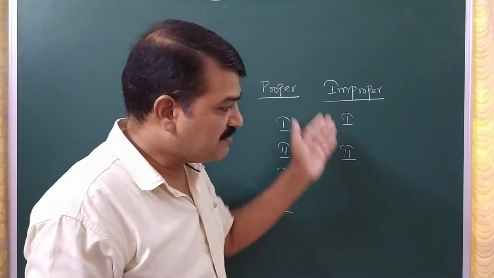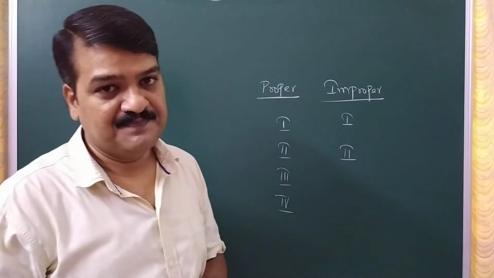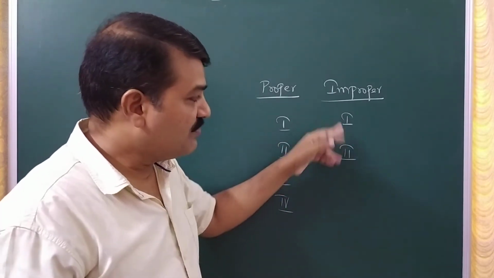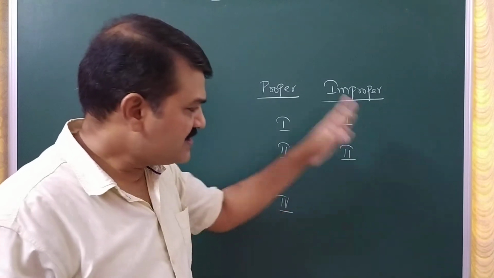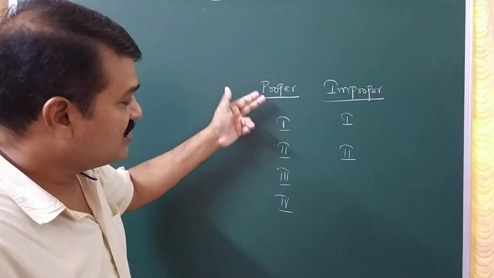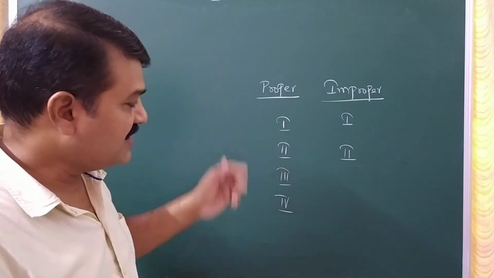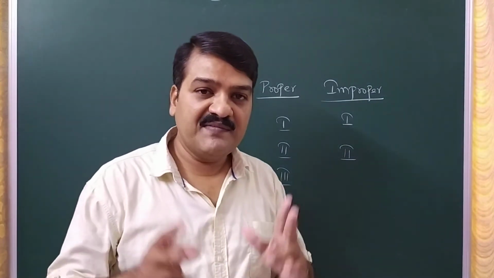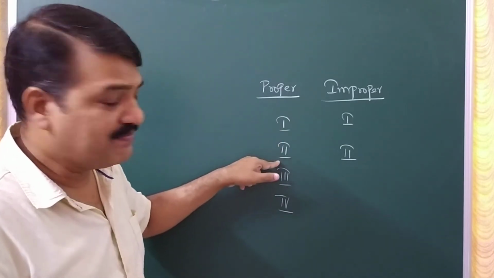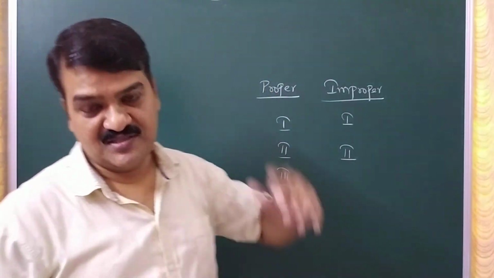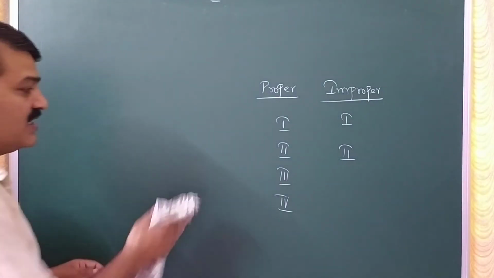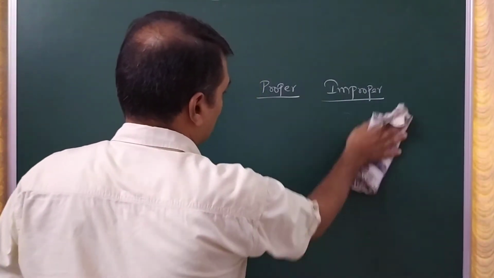If it is improper, there are 2 models in that. Only 6 models will be there. Okay, so we will start the discussion with the first 2 types. So basically in this video, I will concentrate on the first and second type under proper fractions. Under proper fractions, we will try to discuss type 1 and type 2.